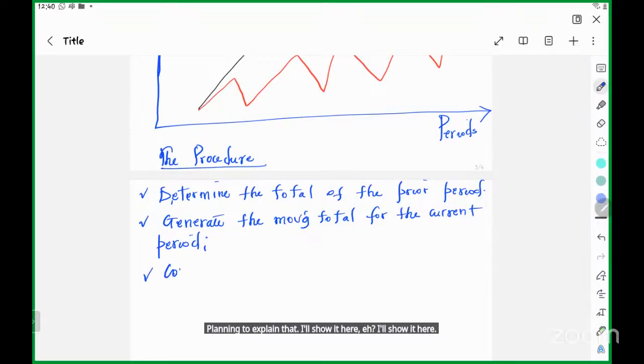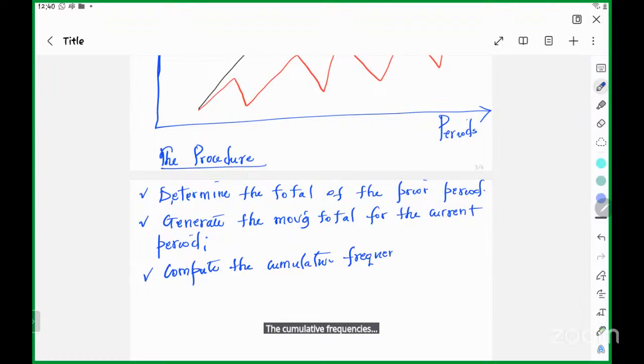Then compute the cumulative frequencies for the current period.